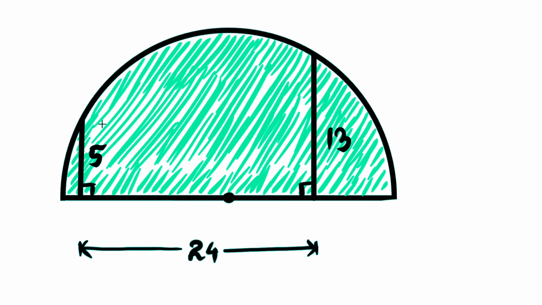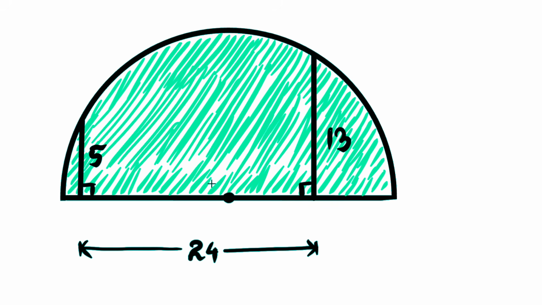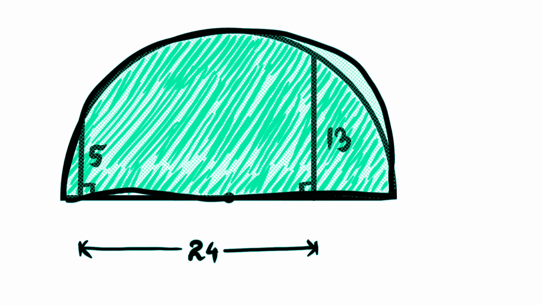The vertical segment on the left has a height of 5 units. The vertical segment on the right has a height of 13 units. And the distance between the 2 points where these vertical segments meet the diameter is 24 units. Our goal is to find the area of the entire semicircle.